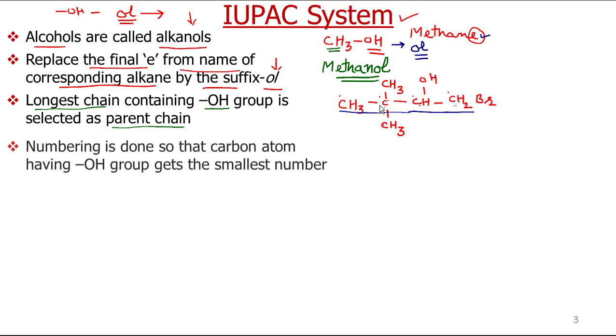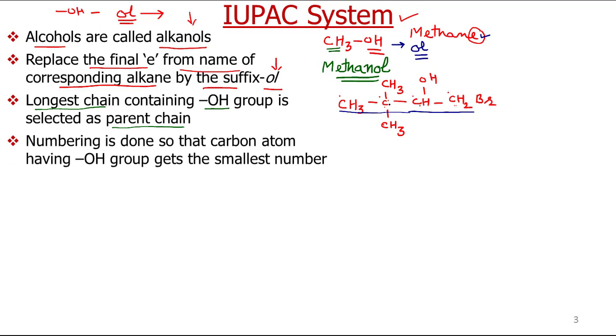The next step is to number this chain. The numbering should be done such that the OH group gets the smallest number. Now let us see how we can do the numbering. Either we can start from this direction, 1 2 3 4.